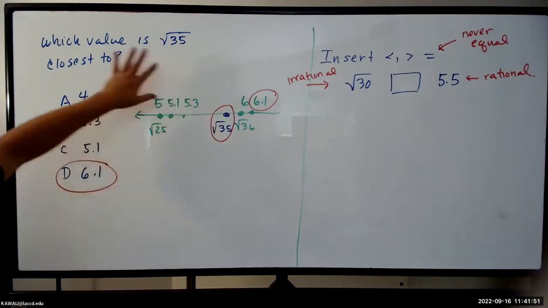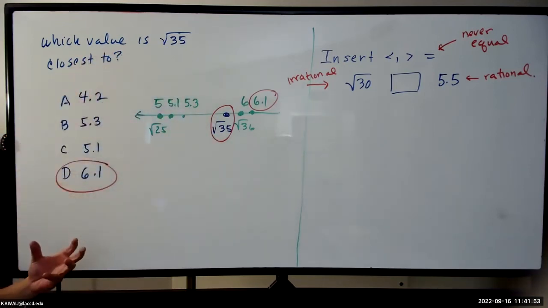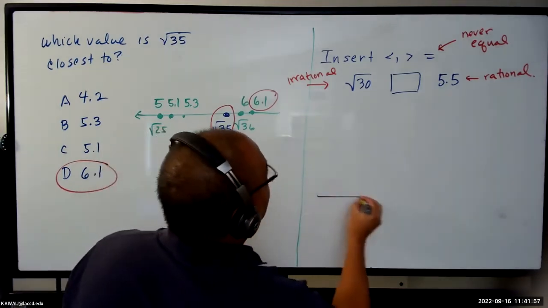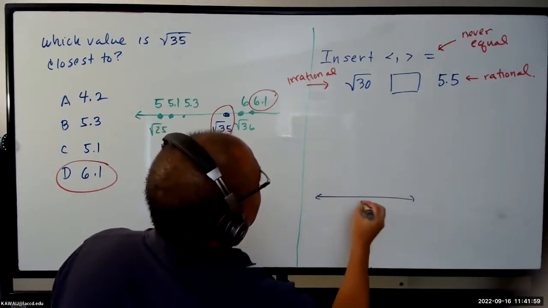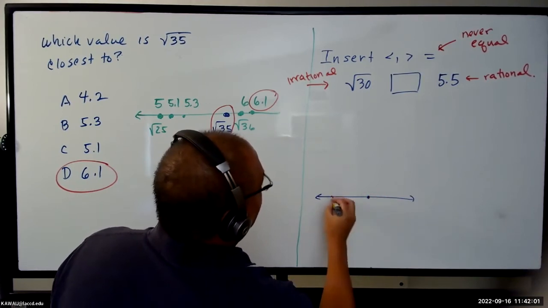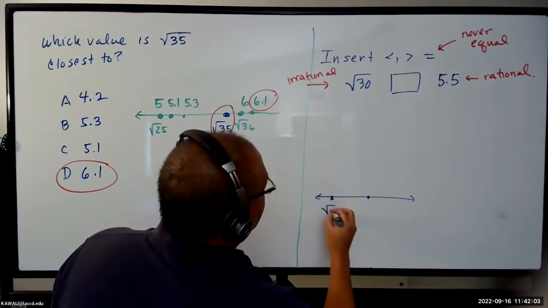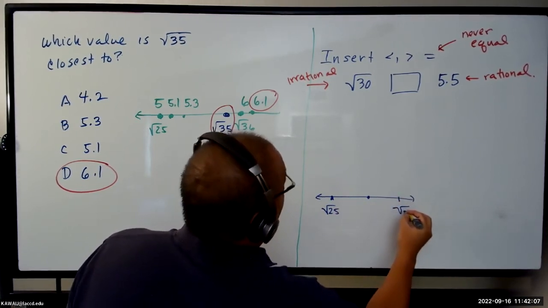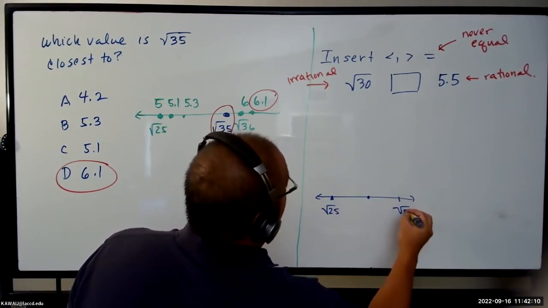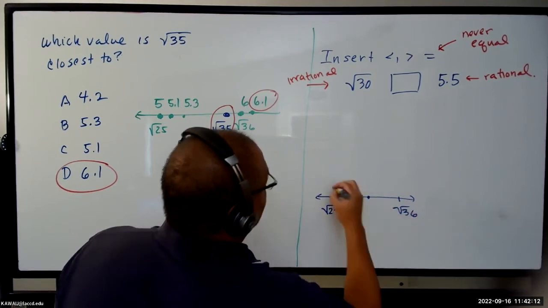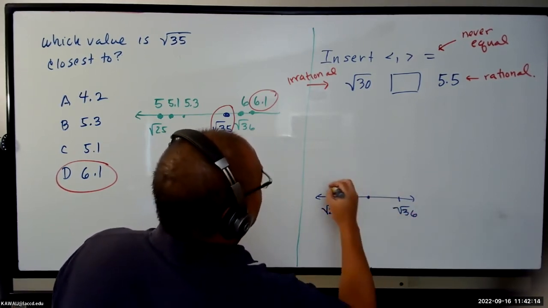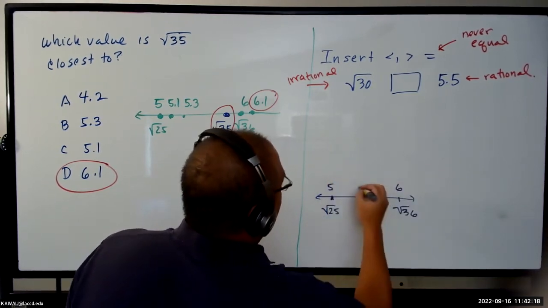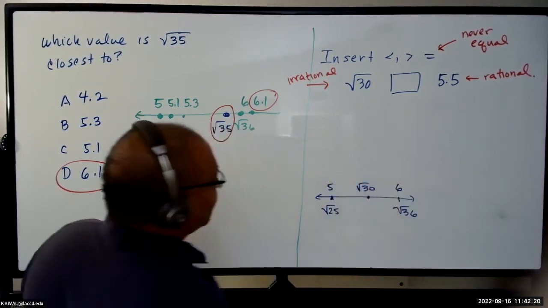Okay, but using this technique where you have your little number line, I have square root of 25, I have square root of 36, and then I have 5, I have 6, I have square root of 30.